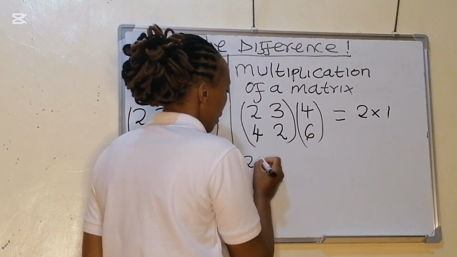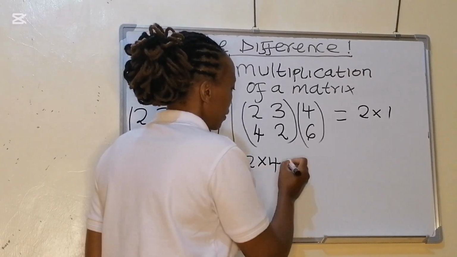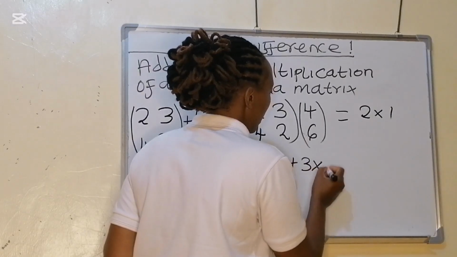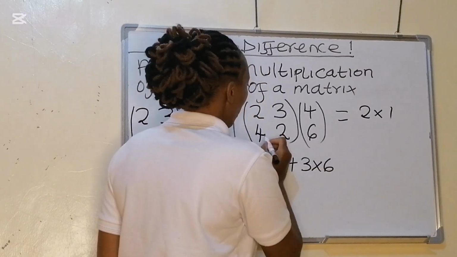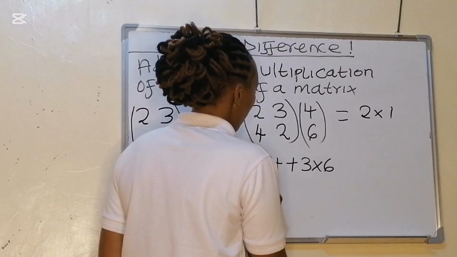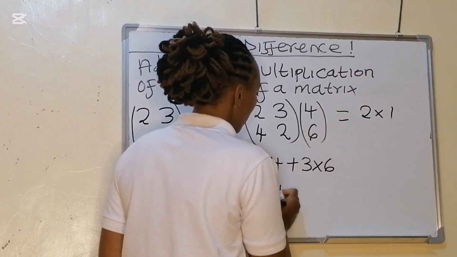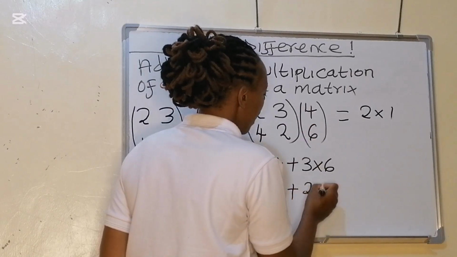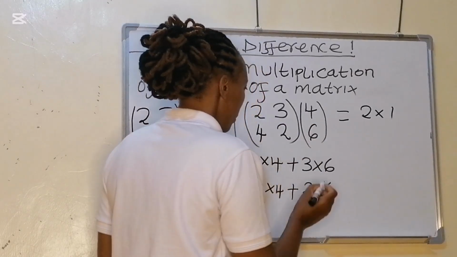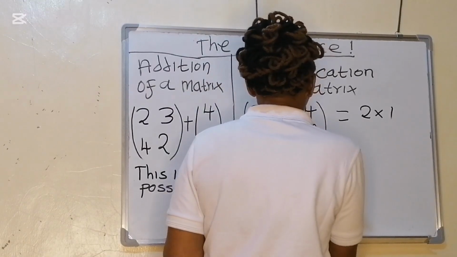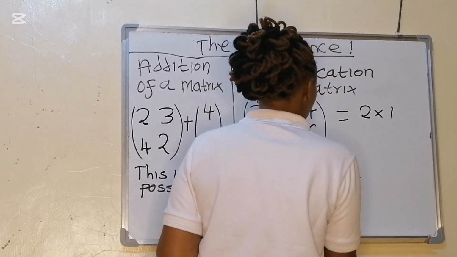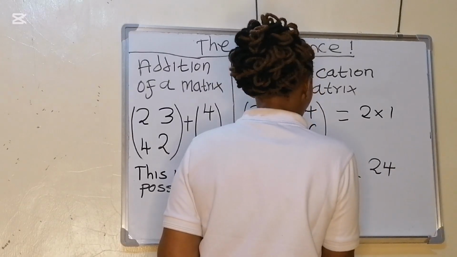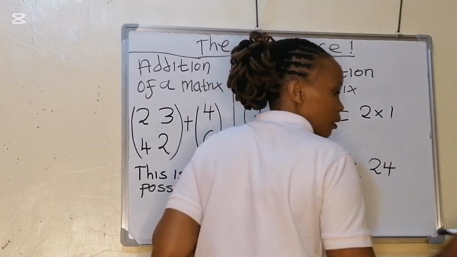Row by column. 2 times 4 plus 3 times 6. Row by column. 4 times 4 plus 2 times 6. So what do we get? 8 plus 18, not 24.